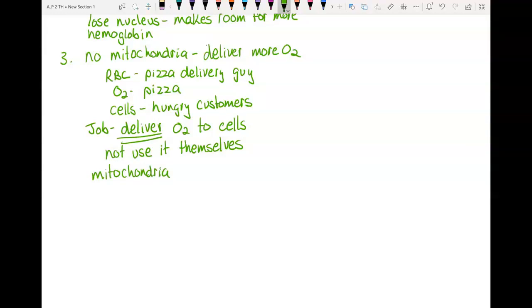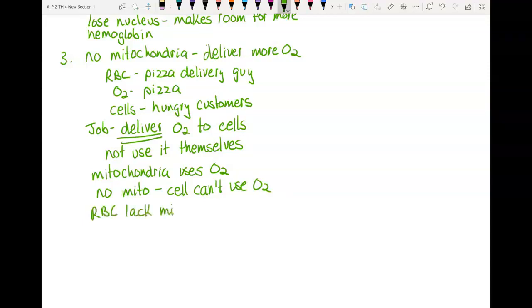The mitochondria with the Krebs cycle and electron transport is where oxygen is consumed. So if you take away the mitochondria, then it becomes impossible for the cell to use oxygen. So the significance of not having mitochondria means that they can't use oxygen. This way, they instead carry it and give it to other cells.